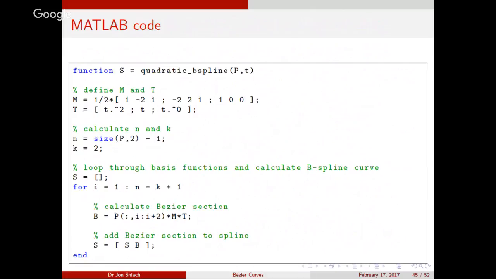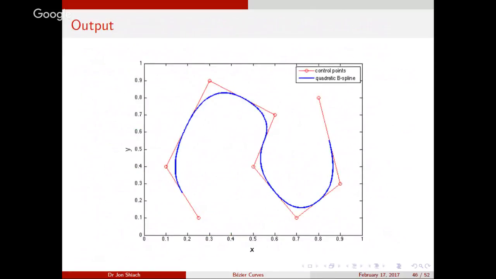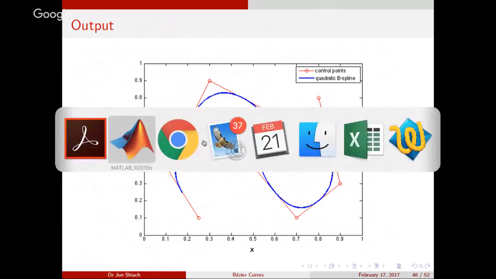When i is 2, I'm using the second, third, and fourth control points, and then I'm just adding it to the end. So it's lots of Bezier curves just added together, and that's what you get. I've got the demonstration in MATLAB to show you.